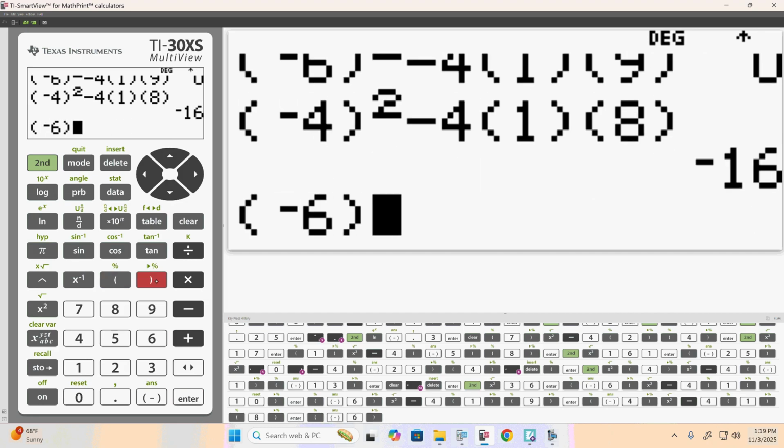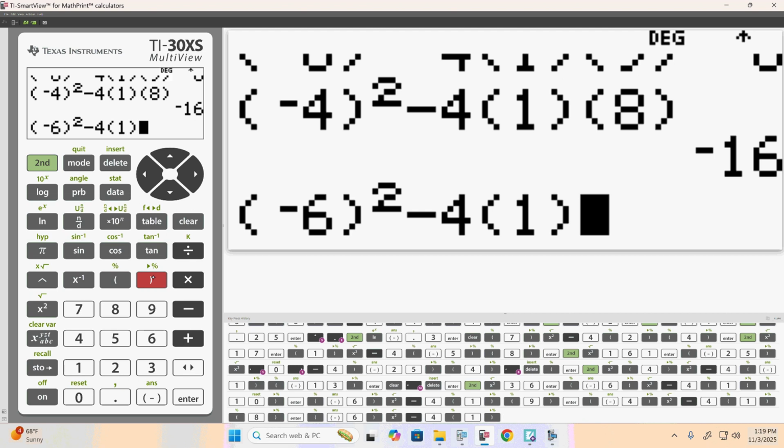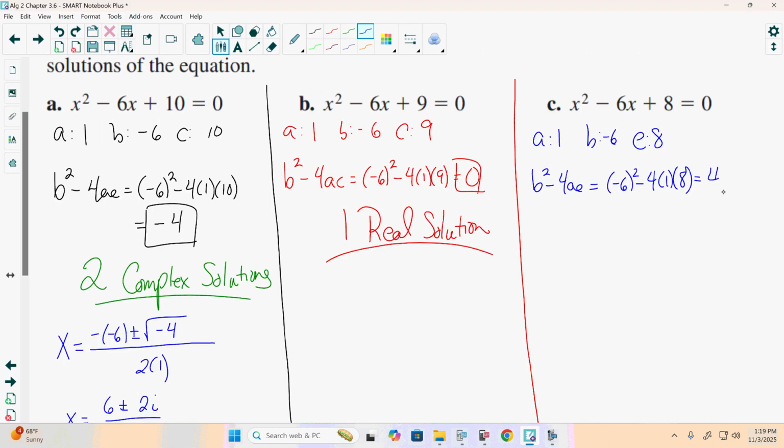Well, it helps if I type the right number in. 4. So it tells us that we have 2 real solutions.